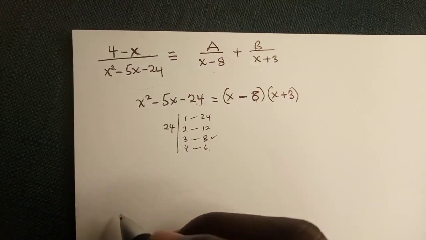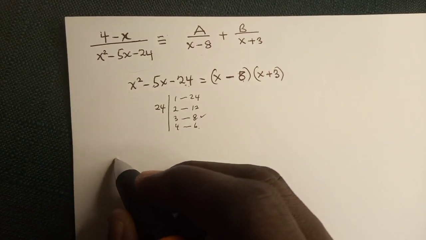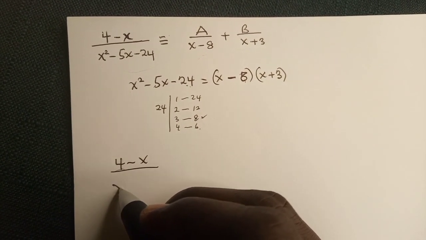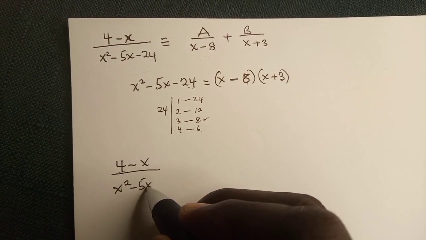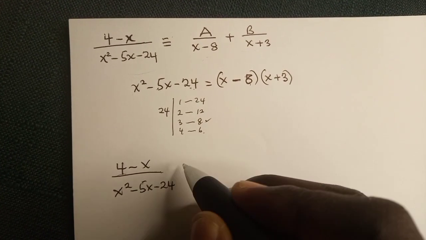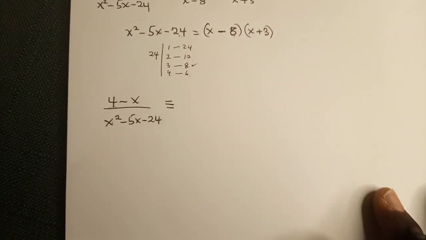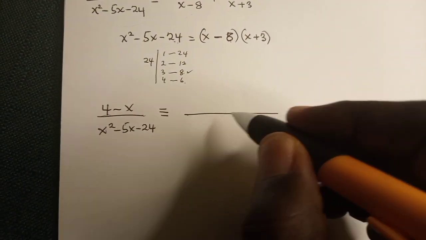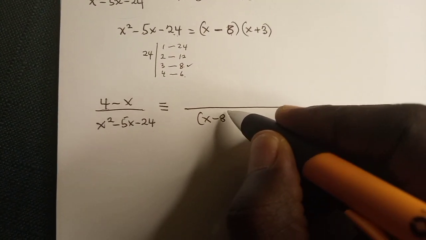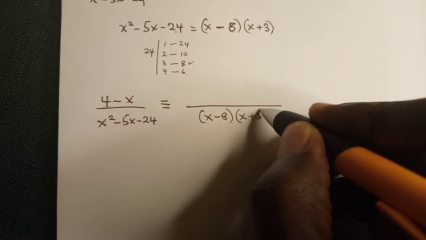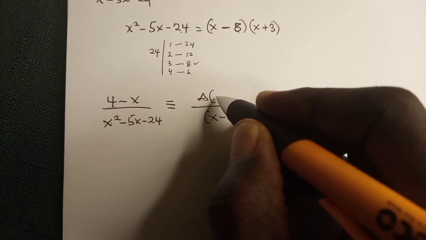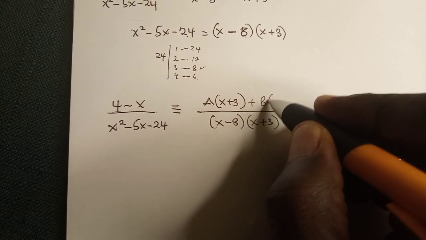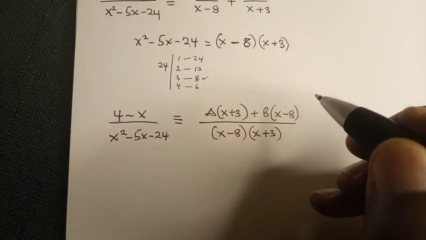So we have 4 minus x over x squared minus 5x minus 24 equivalent to the LCM x minus 8, x plus 3, so we have A bracket open x plus 3, then plus B bracket open x minus 8 bracket close.